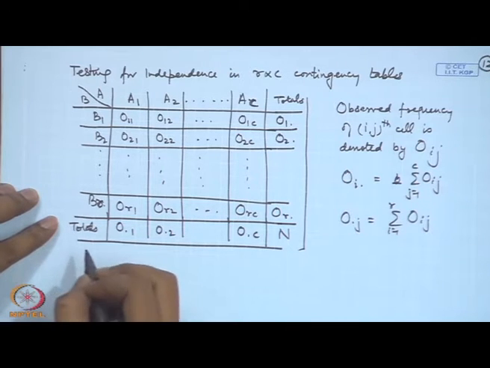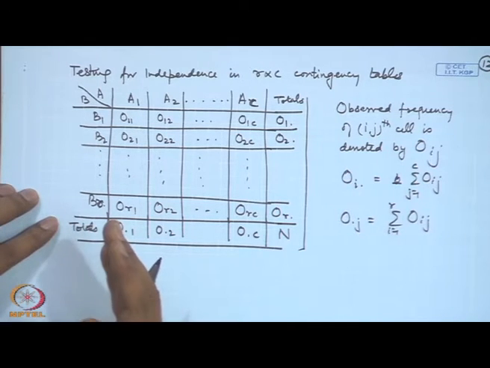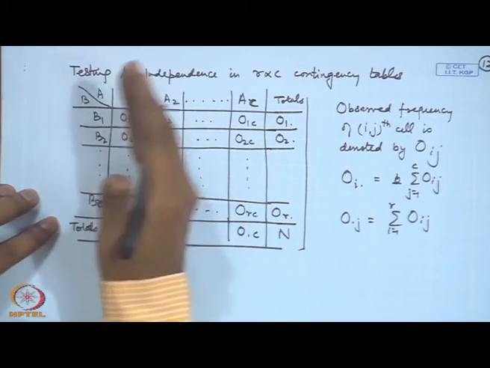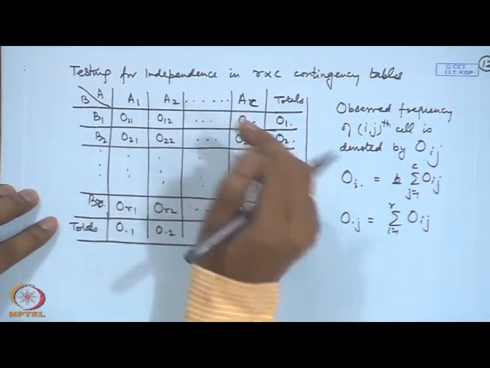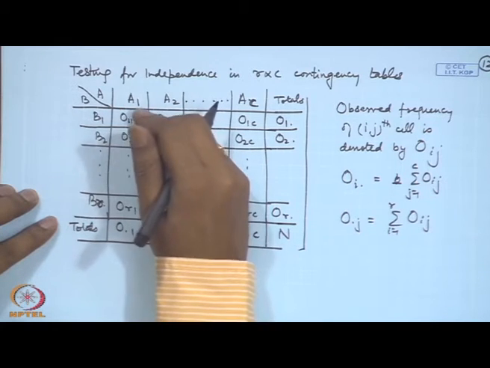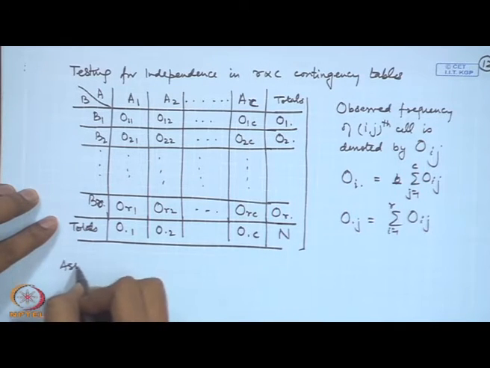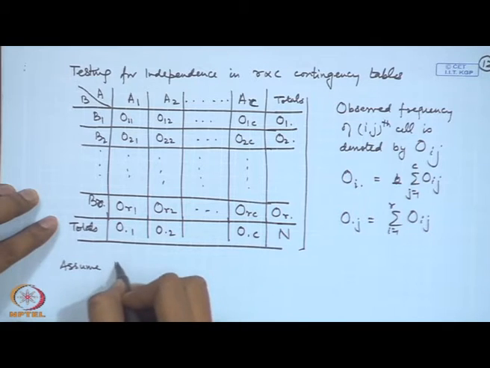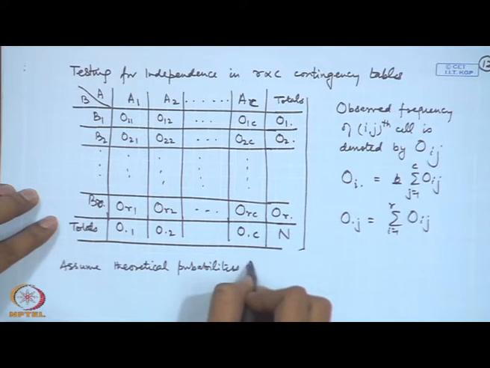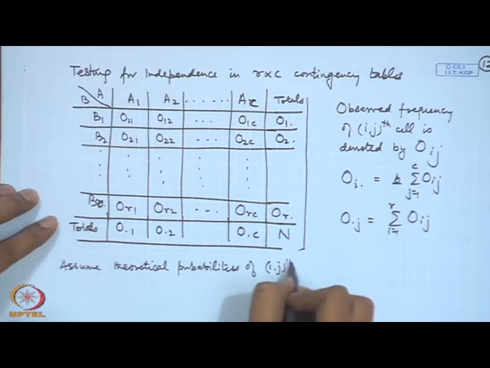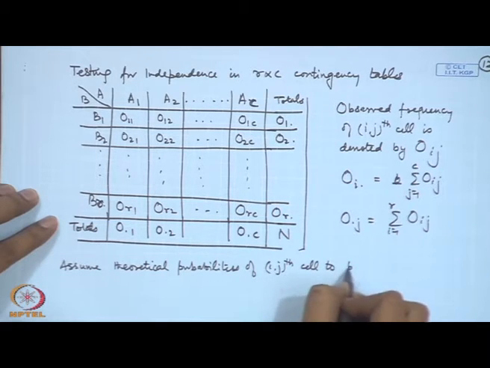Then if we assume that the two things are independent, there will be theoretical probabilities of the ijth cell to be pi ij.